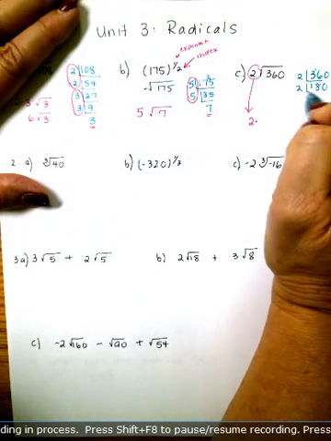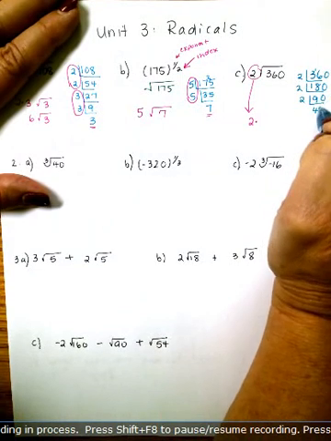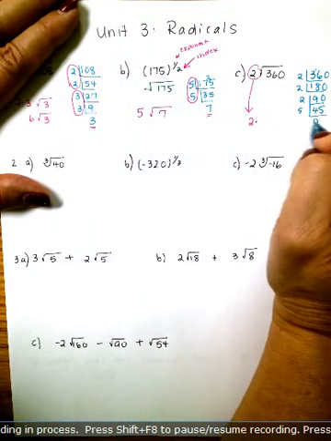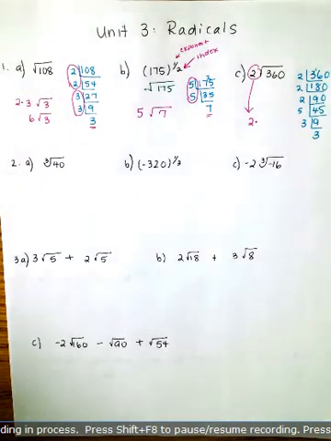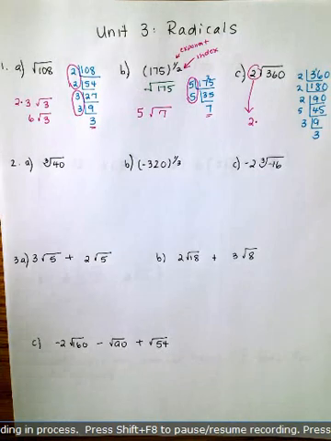Divide by 2. Divide by 5. And right here, I could have divided by 3. I just spotted the 5 quickly. So because I spotted him quickly, I'm going to go ahead and do him first.